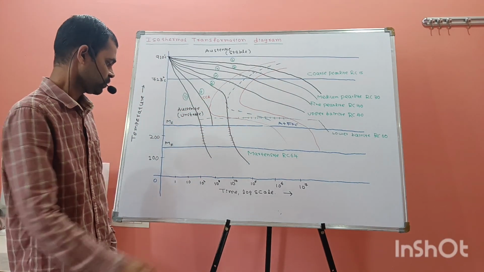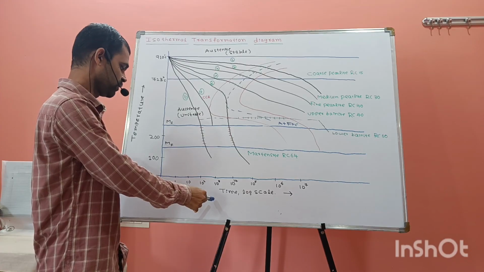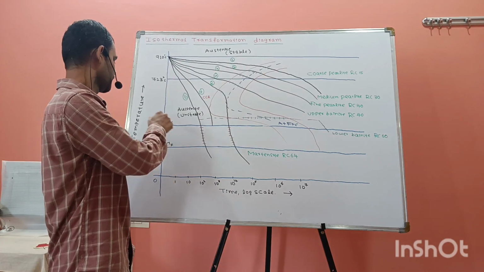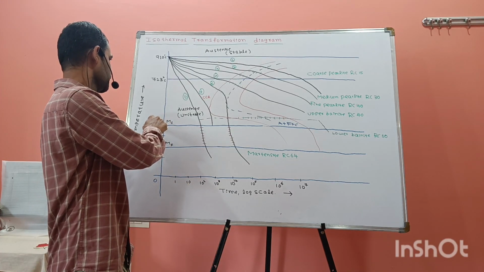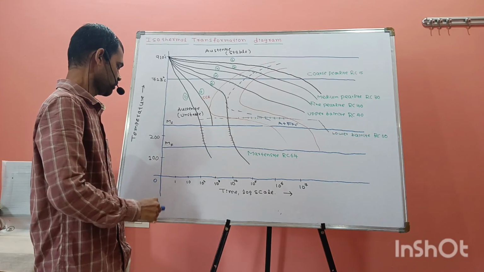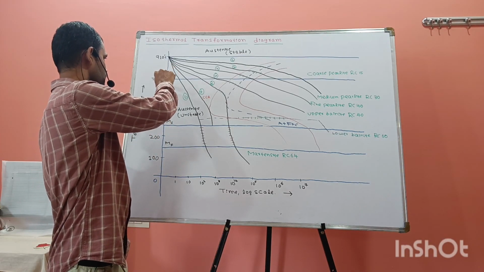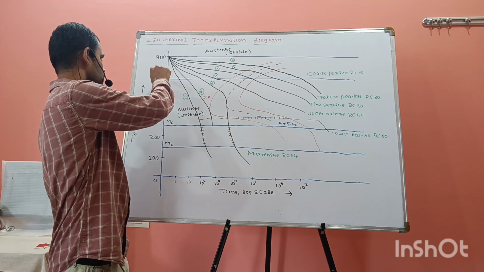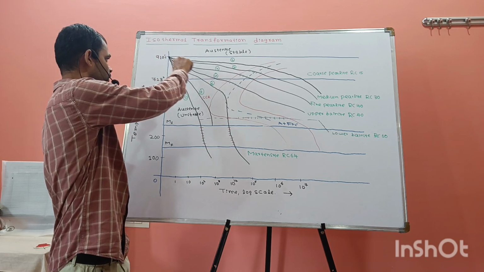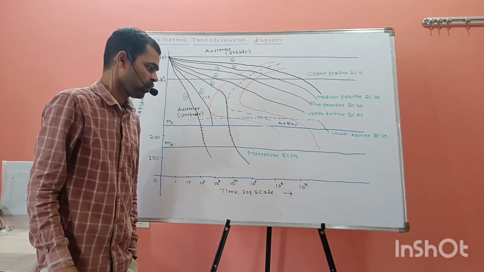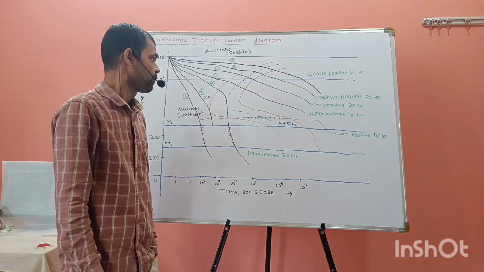On the x-axis we take time and on the y-axis we take temperature. We can observe the temperature limits here, and from here different cooling curves are formed.